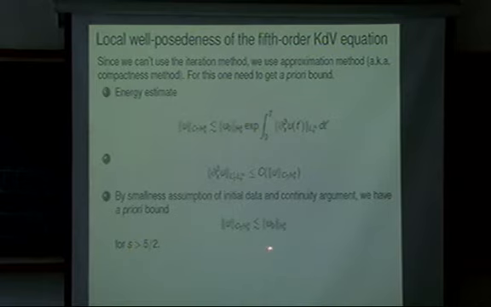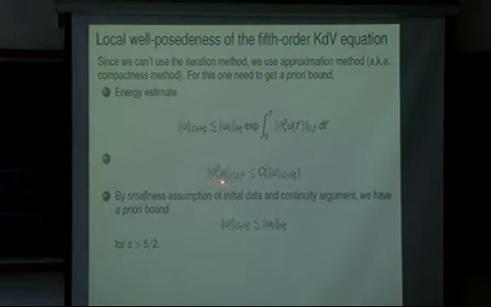Okay? So this is number 3, finding an a priori bound for s greater than some number is our goal. And that goal will be obtained by two pieces. One is the energy estimate, and the other is the estimate for the coefficient of the energy estimate.